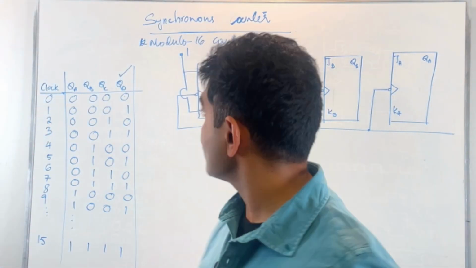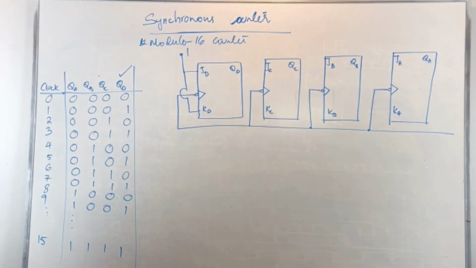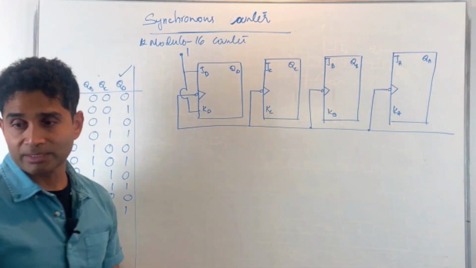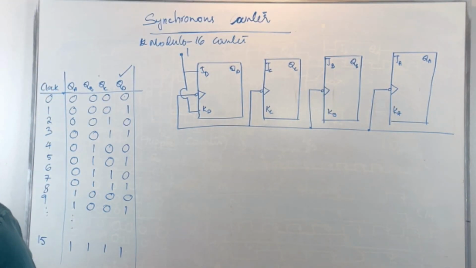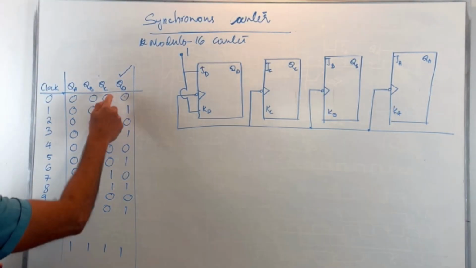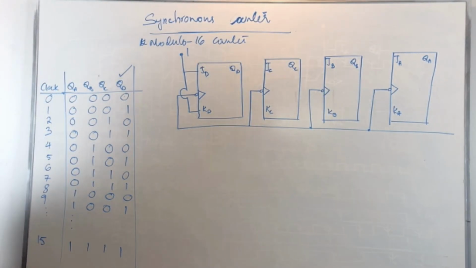Now comes the question about QC. How do I get the behavior of QC? I cannot touch the clock because the clock is already applied. So the only thing I can touch is JC and KC. What should be applied on JC and KC so that I can get this count, 0, 0, 1, 1, 0, 0, 1, 1, 0, 0, and so on.